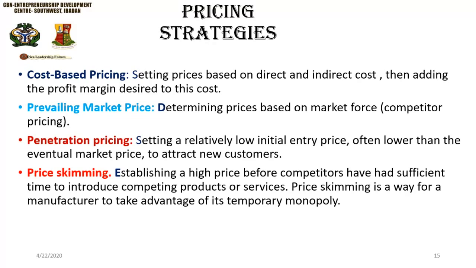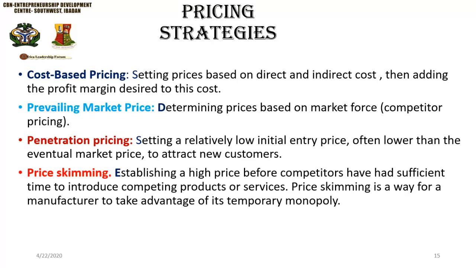I think I need to demonstrate this in a flip chart. Having manufactured, having put all your raw materials and the elements you are going to use together, you want to determine the price of your product. You have a base price.